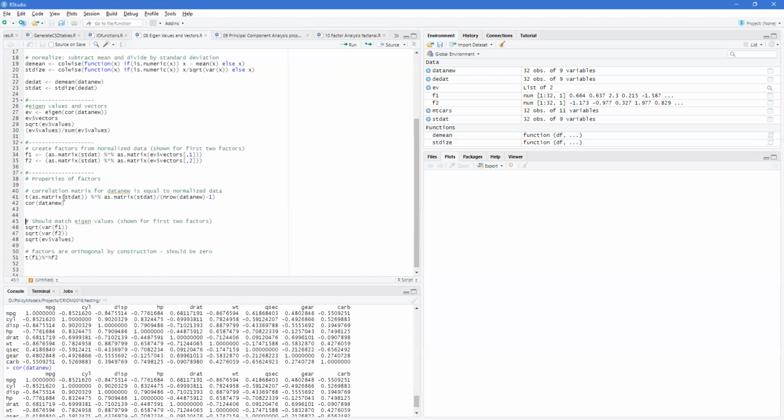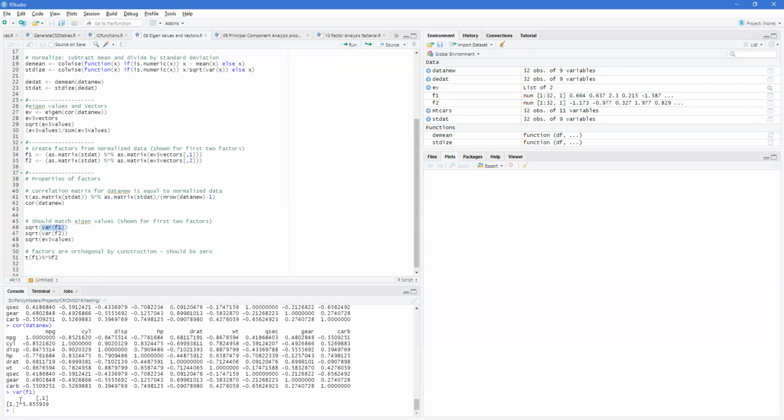Now, the other thing we can do is we can take any of our factors and find the variance of it. So if we take the variance of this, we find that it's 5.6559.